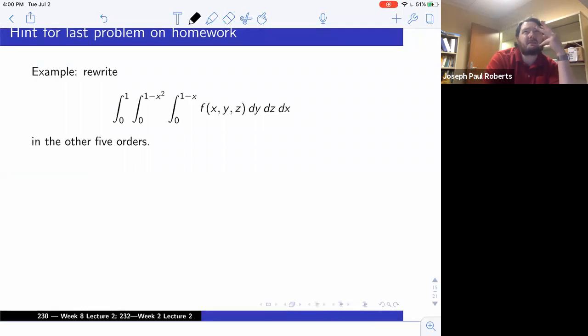So it turns out there are basically 3 levels of difficulty for getting these other 5 orders. Some of the orders are going to be really easy to get, some of them are going to be medium difficulty, and then finally the last type is going to be hard. And as far as the first 2, the easy and the medium, that's stuff that we've been doing since last week with double integrals.